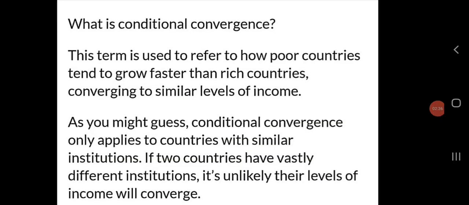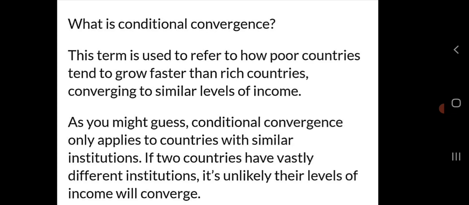So, conditional convergence is used to refer to how poor countries tend to grow faster than rich countries, converging to similar levels of income. That is, as we know, the Solow model predicts that when the country's capital stock is less, it grows rapidly and will be at par with or at the same pace as other developed countries. So the conditional convergence applies to countries with similar institutions.